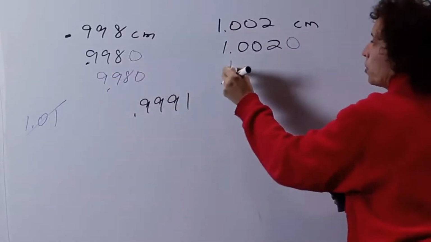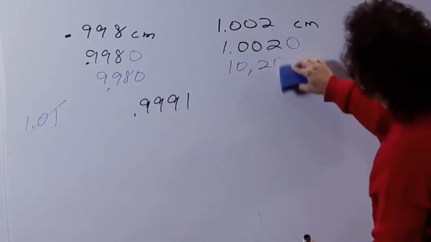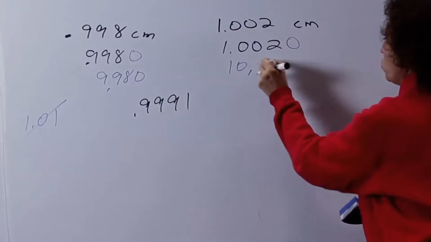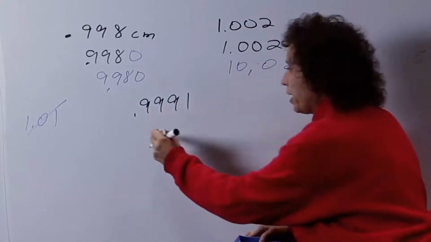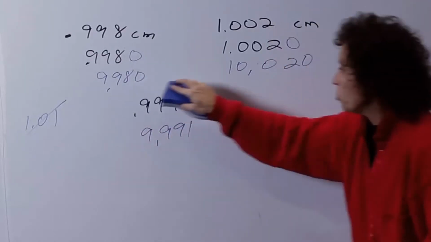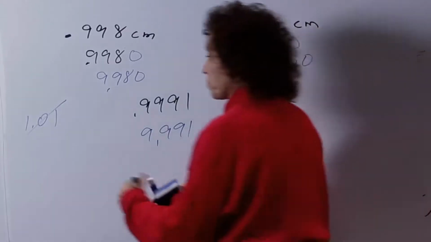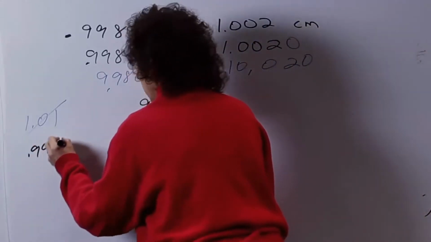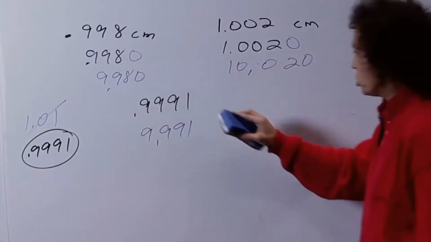This is like the number 10,020. This is like the number 9,991. Is this number somewhere between these two numbers? That answer is yes. So that one's acceptable. 0.9991 is a winner. Okay, you try the next 2, and we'll see if we match up.